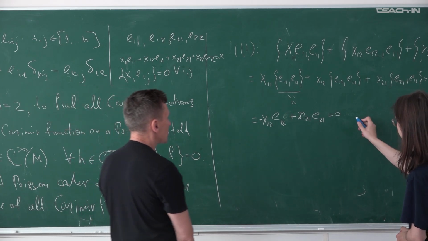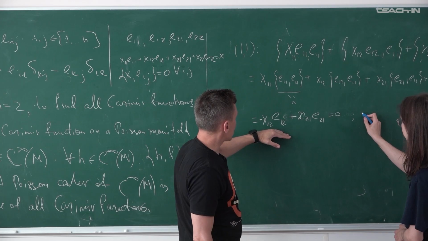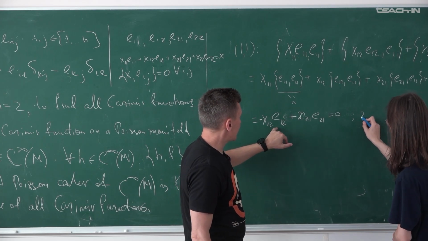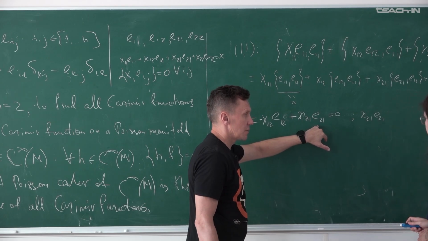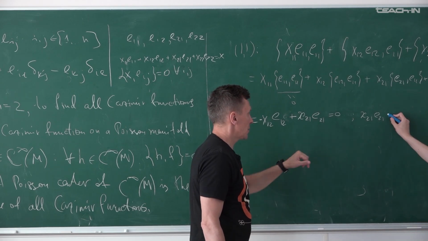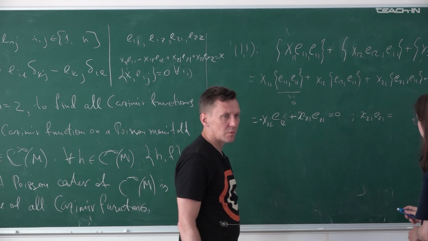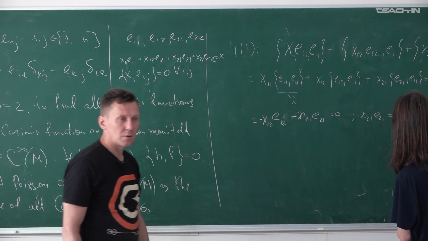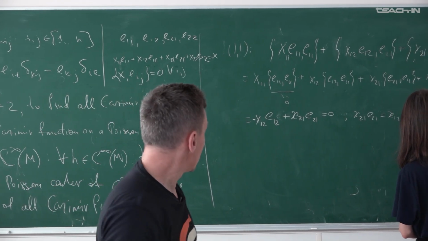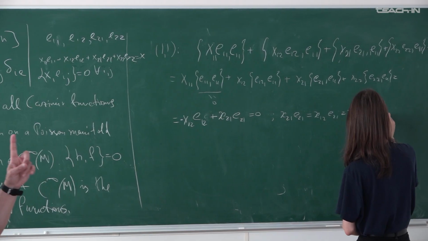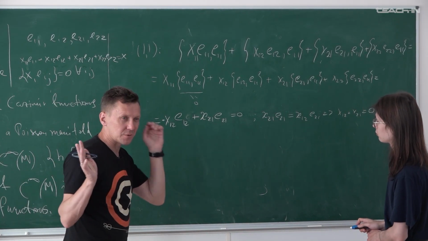It should Poisson commute with E11, and the necessary condition is that this is 0. But these are different basis elements. If it is 0, then both these coefficients are 0. Yes, they are different basis elements, so both should be 0.